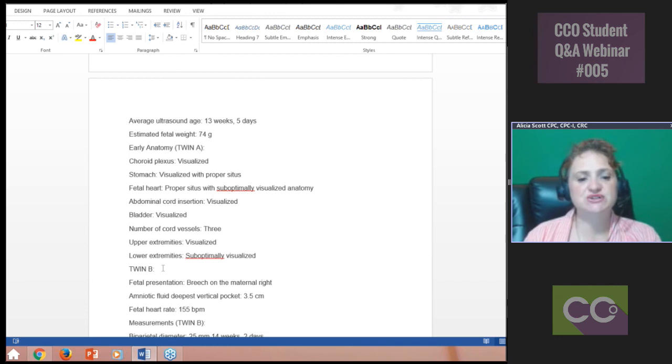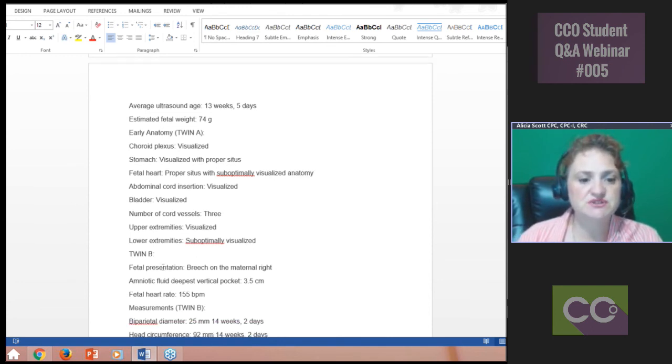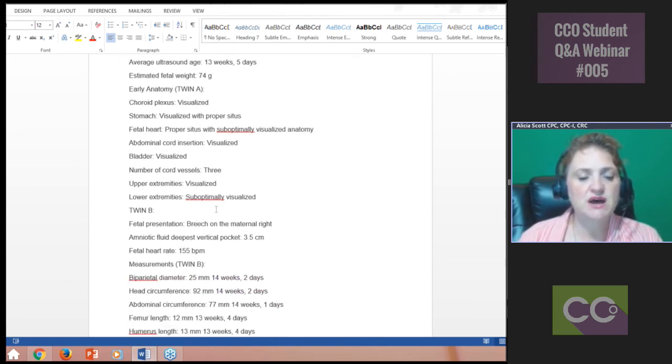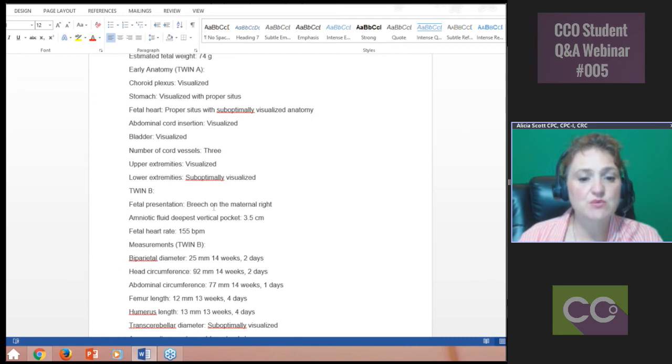Most often they try to do these ultrasounds at 20 weeks, but again, this was a problem. Twins are always sooner, and she'll have more ultrasounds. Okay, so again, everything looks pretty much okay. Now, twin B. So breech, which means the other baby is transverse.